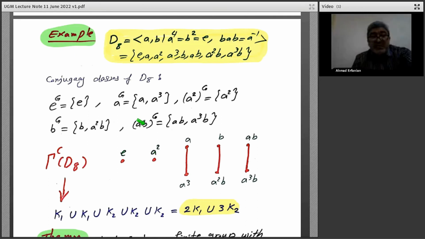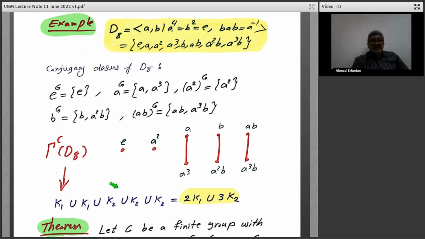The conjugacy class of element A consists of A and A cube. We have 2 elements in the second conjugacy class. The third conjugacy class, for A square, is only a singleton set because A square is in the center, right?